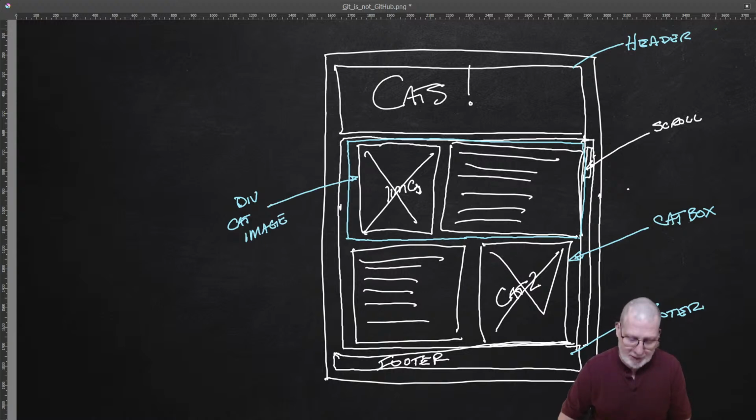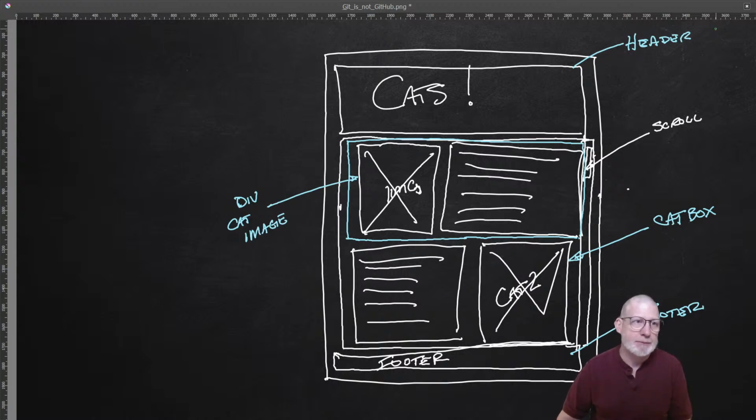And hopefully we can learn to spell our name more correctly than I can. And an HTML tag. And inside there, we're going to have a head tag and a body tag.